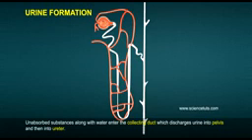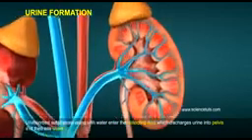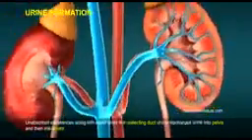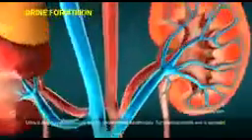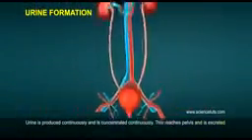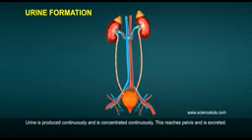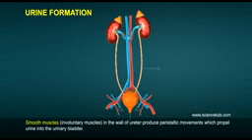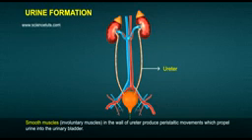Unabsorbed substances along with water enter the collecting duct, which discharges urine into the pelvis and then into the ureter. Urine is produced continuously and is concentrated continuously. This reaches the pelvis and is excreted. Smooth muscles, involuntary muscles in the wall of the ureter, produce peristaltic movements which propel urine into the urinary bladder.